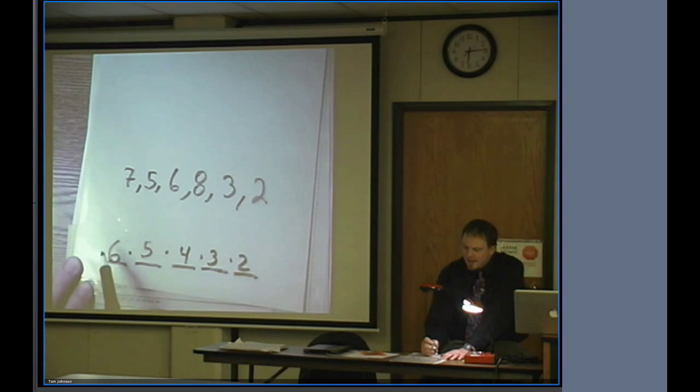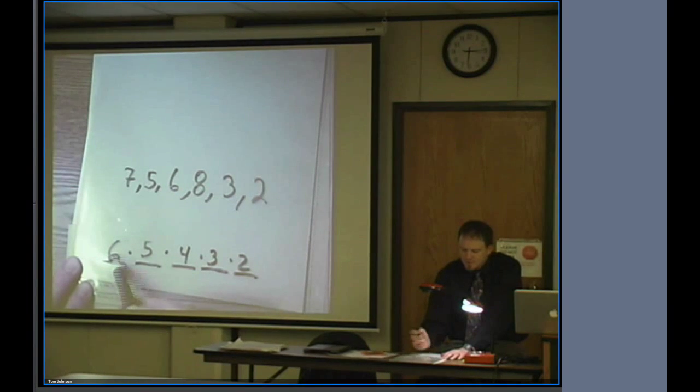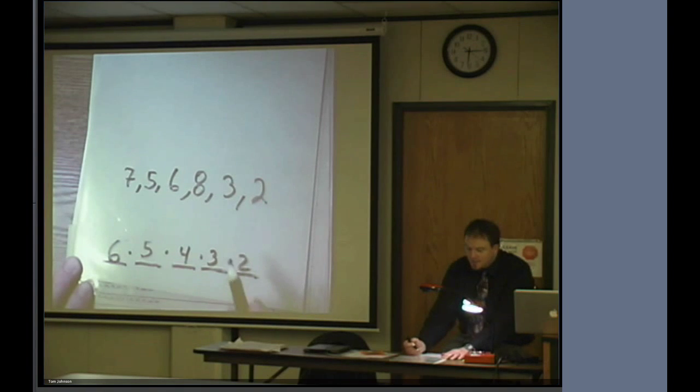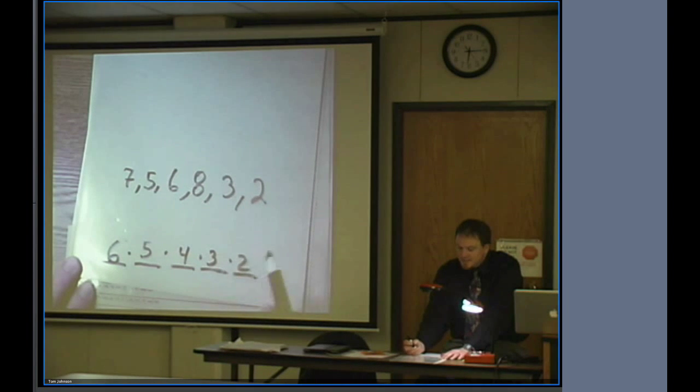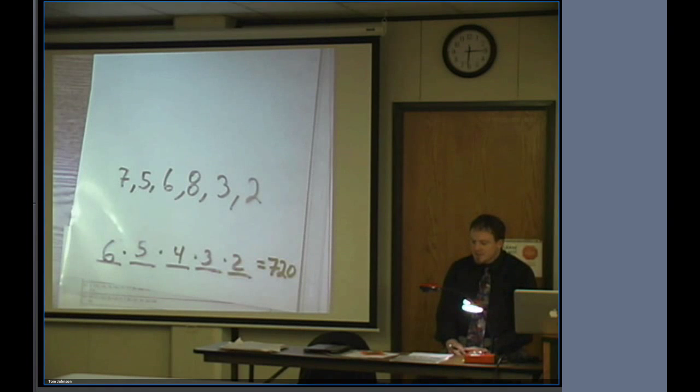So we've got a 5-digit number based on 6 different options. So 6 times 5 is 30, times 4 is 120, times 3 is 360, times 2 is 720. So there would be 720 options if we had 6 choices for our numbers, and we only had a 5-digit number that we were making out of that permutation.